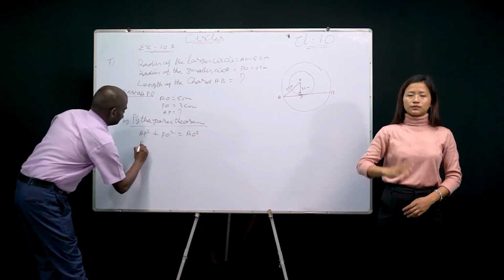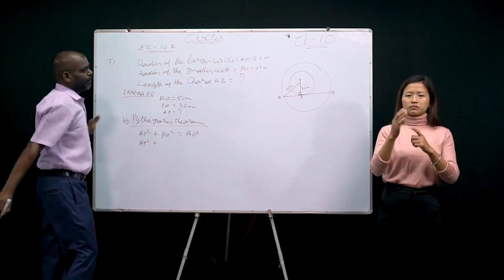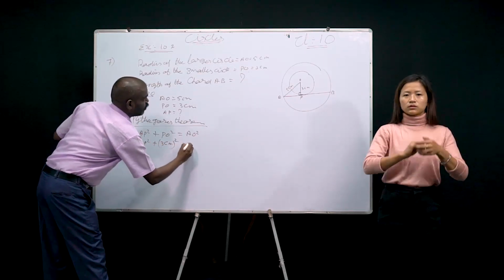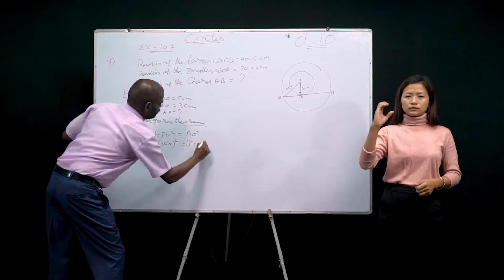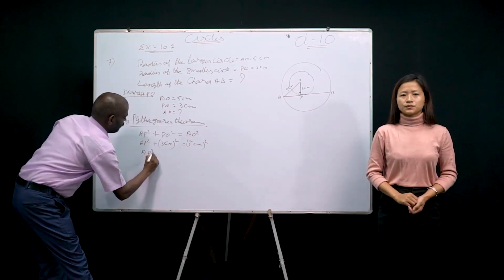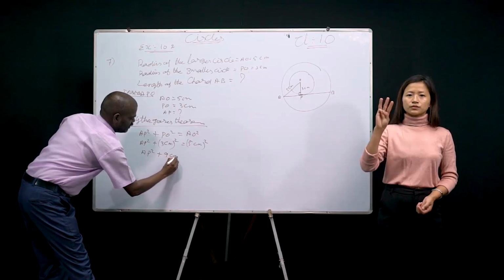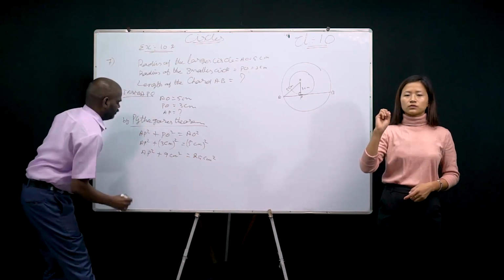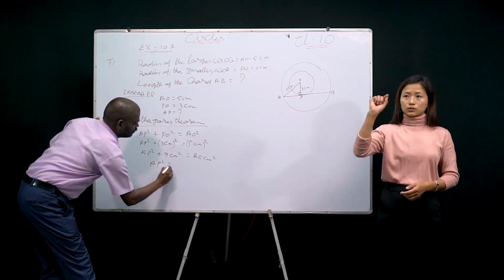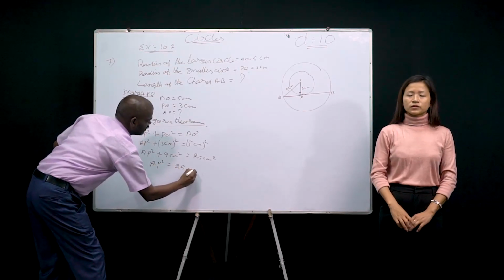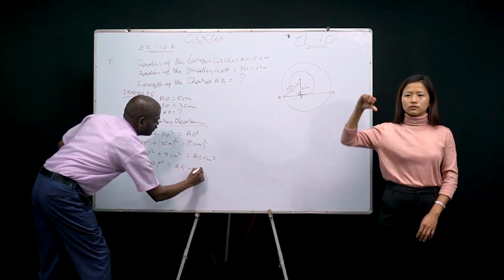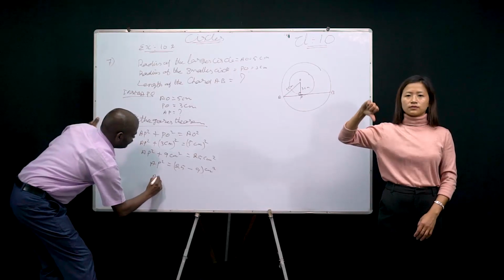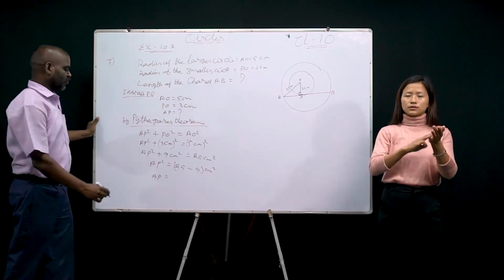AP we do not know. PO we know, how much? 3 centimeter. AO is how much? 5 centimeter. 3 threes are 9 centimeter square. 5 fives are 25 centimeter square. 25 minus 9 is how much?